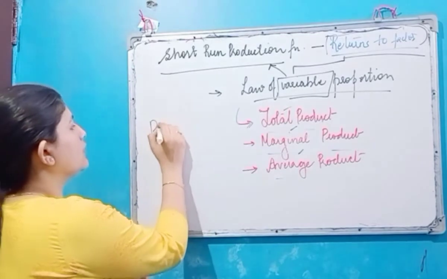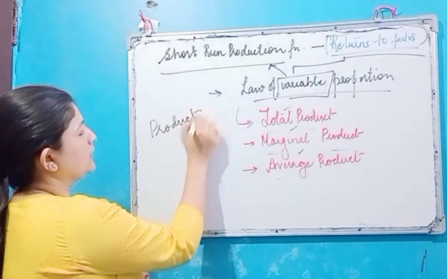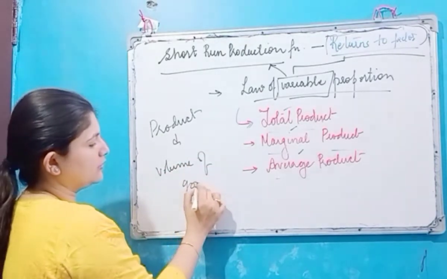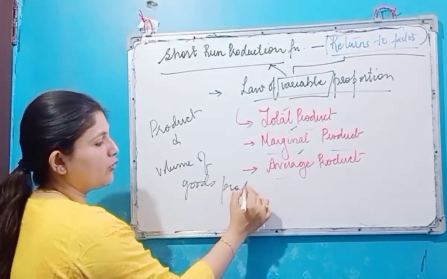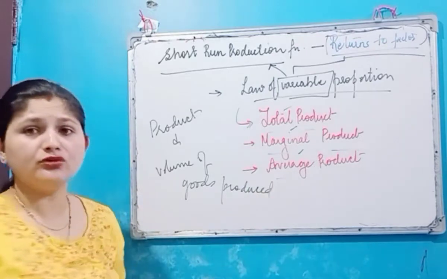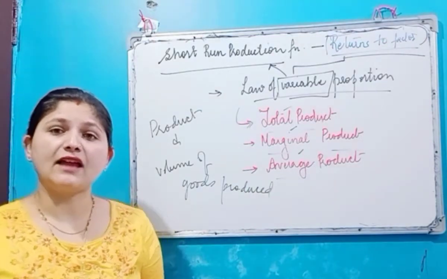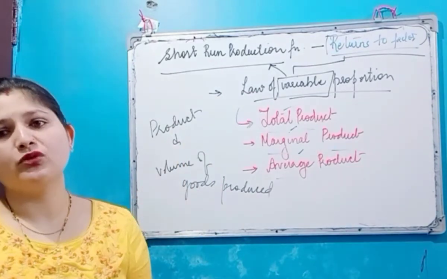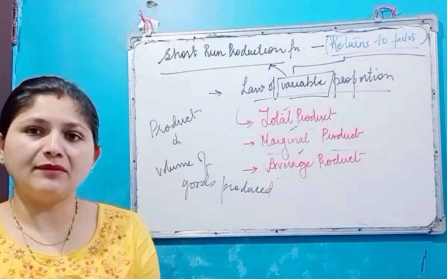So first of all, product is the volume or quantum of goods produced by a firm at a specific time period. What is product? Volume or the quantum of goods produced by a firm in a particular time period.